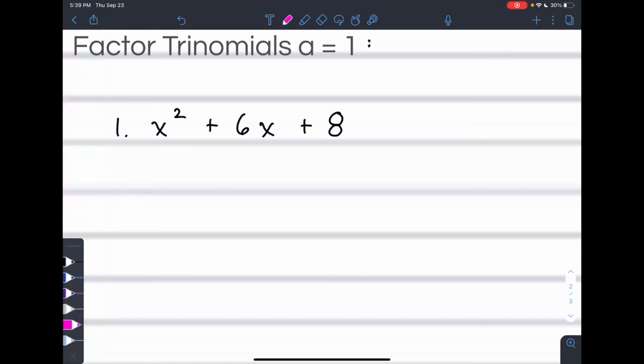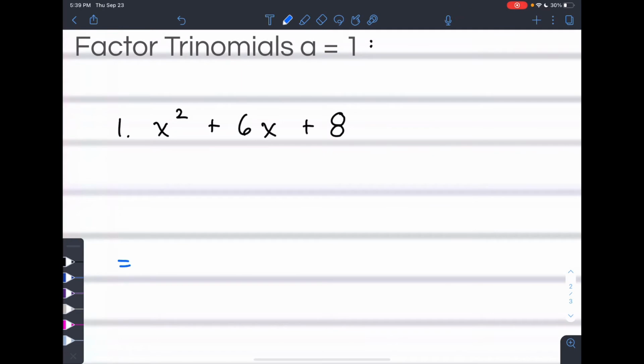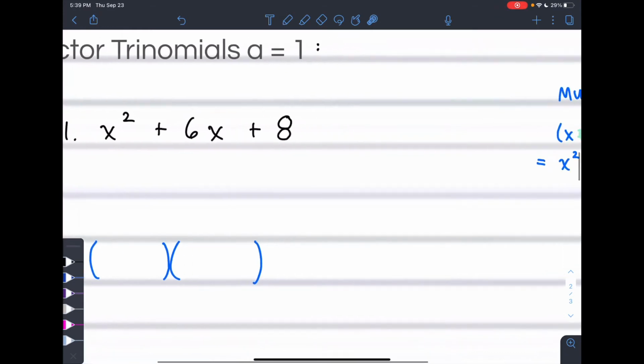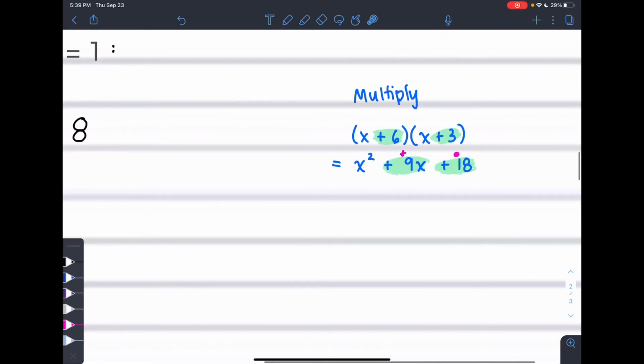So, we essentially want to rewrite this quadratic as 2 factors, where if we multiply them out, we get back this guy, right? Now, let me scoot over here again.